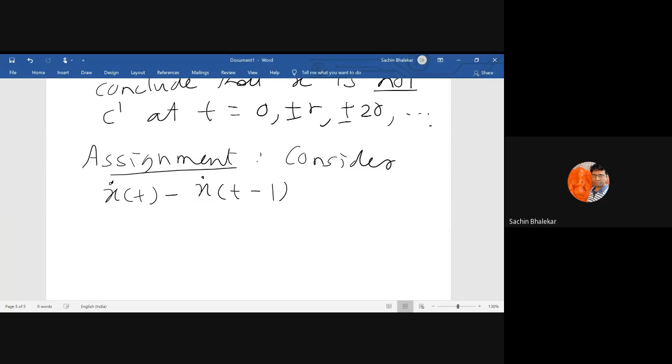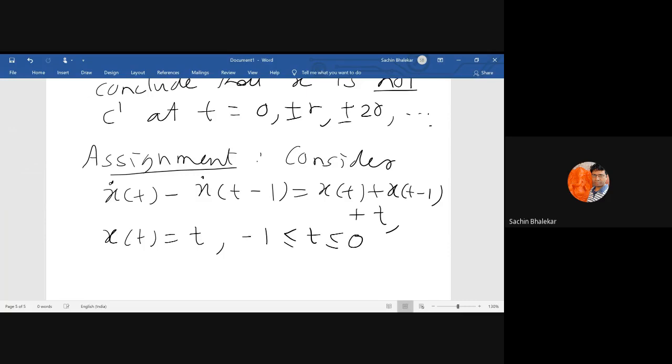It is equal to x of t plus x of t minus 1 plus t, so f of t is t. And the initial data is phi of t equal to t for minus 1 less than or equal to t less than or equal to 0. So consider this neutral DDE.